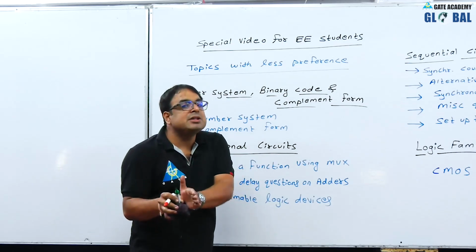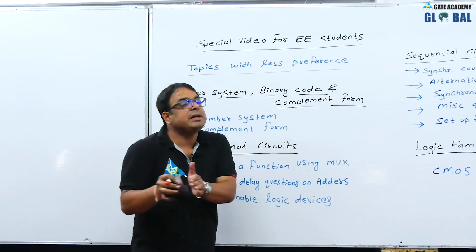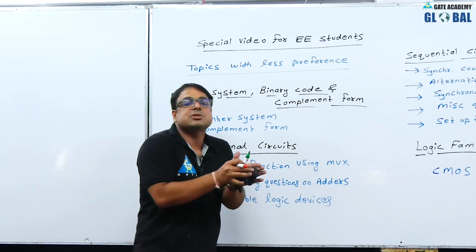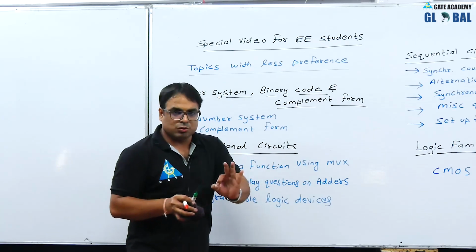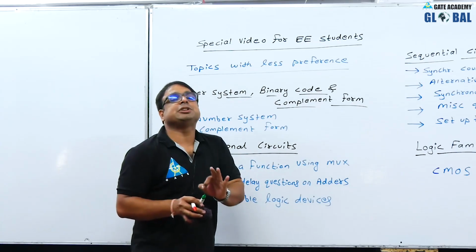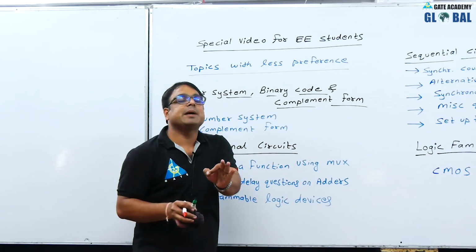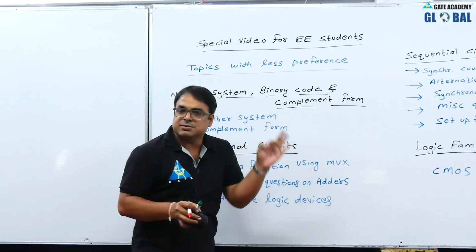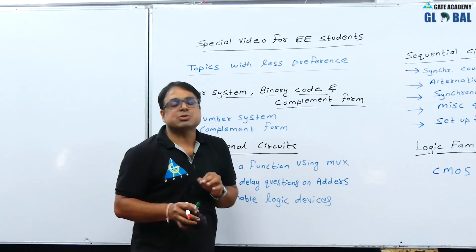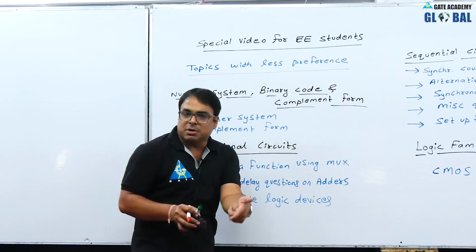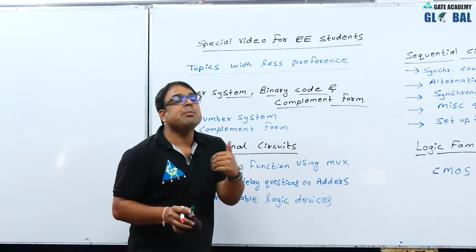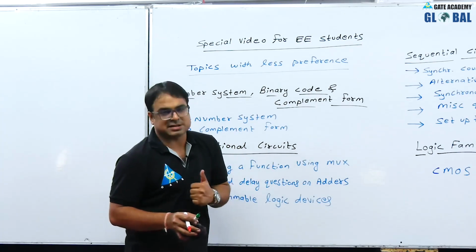In electrical engineering, the weightage is a bit less as compared to electronics or instrumentation. So electronics and instrumentation students have to study the complete syllabus, which I will be doing in this video course. Electrical students may skip some of the topics if time left for them is less.